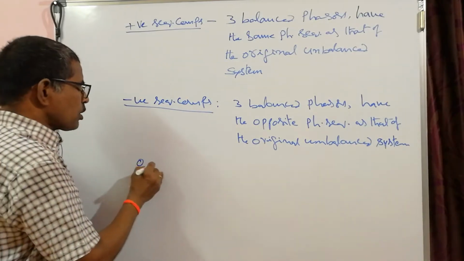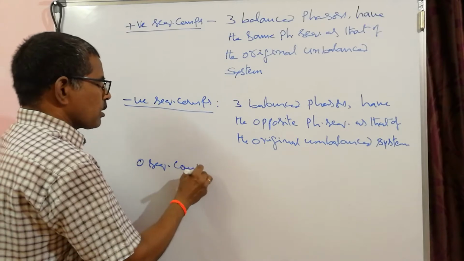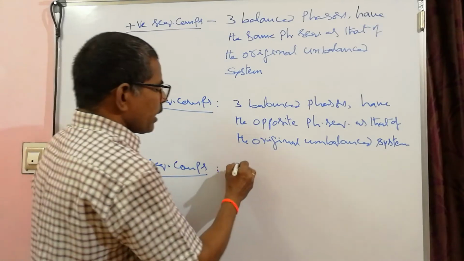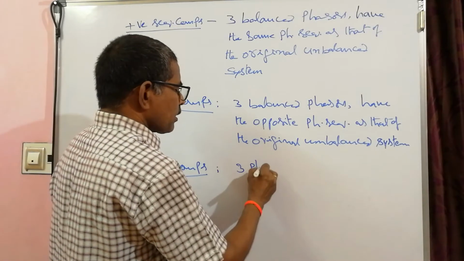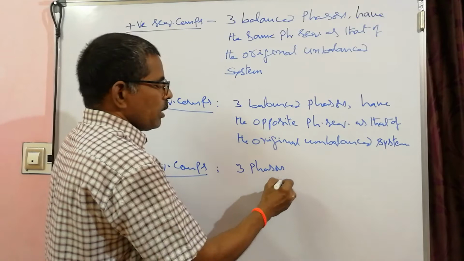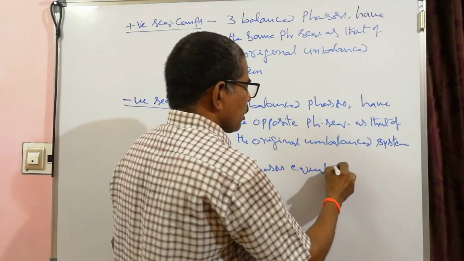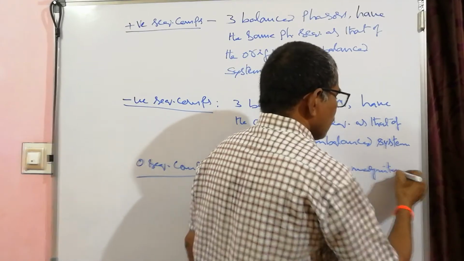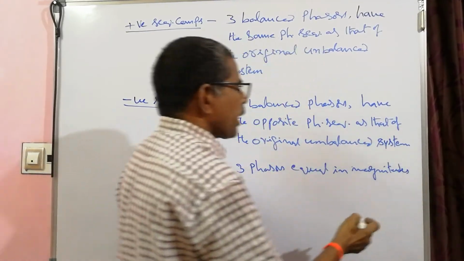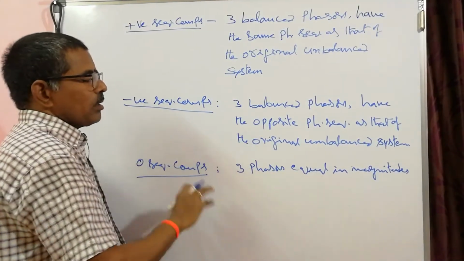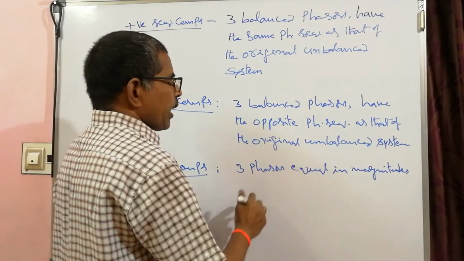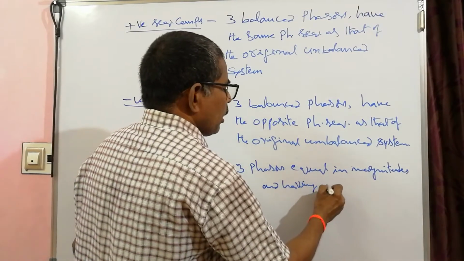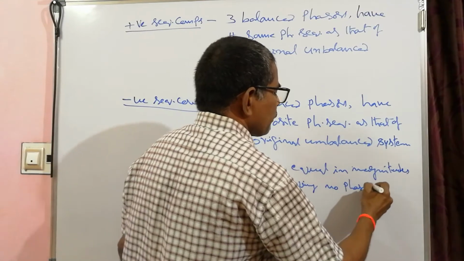Then zero sequence components. These are again 3 phasors equal in magnitude, that means identical phasors with identical magnitudes and having no phase difference.